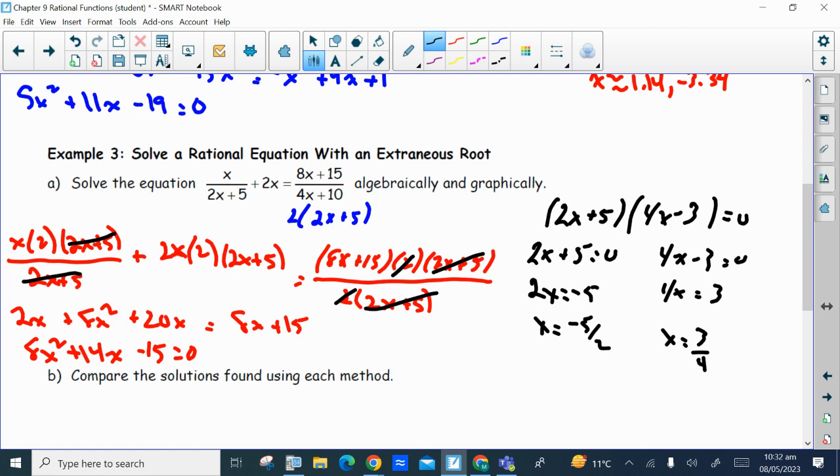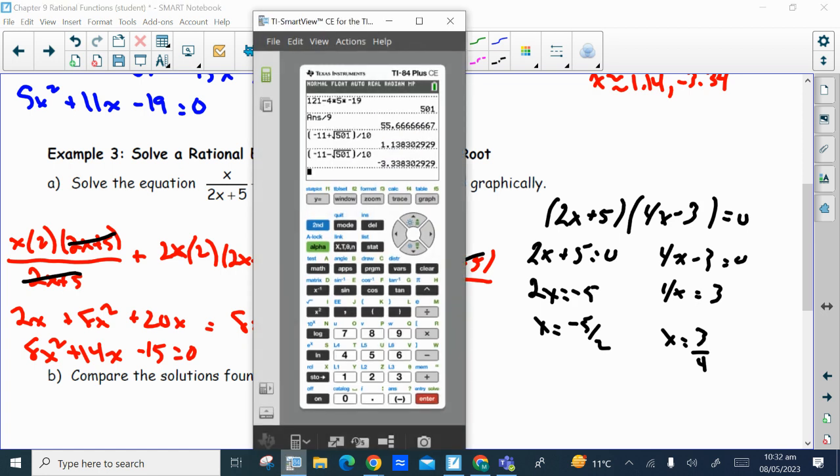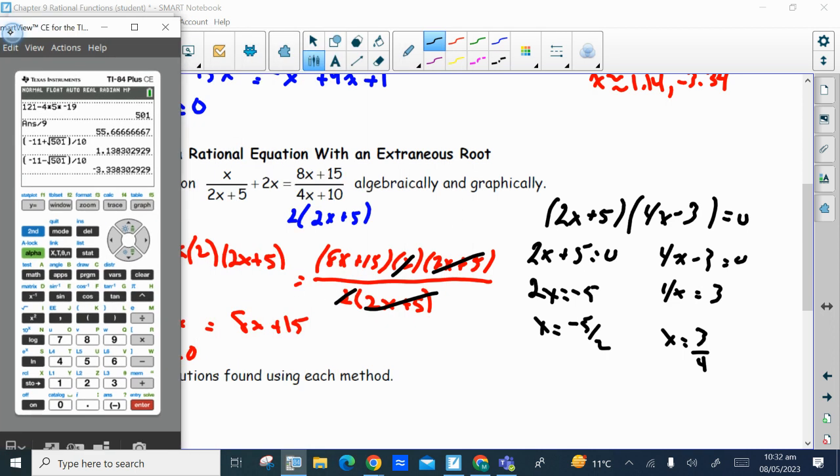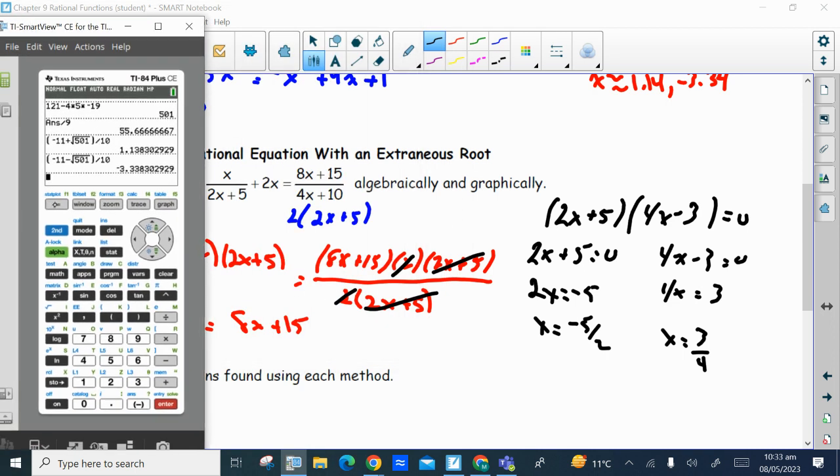And we always need to check our solutions. You can check them algebraically like we did at the start. It can also be checked graphically though. So y1 would be the left side, which we'll need to use some brackets. One set to keep that rational expression together, the other set to keep the denominator together.